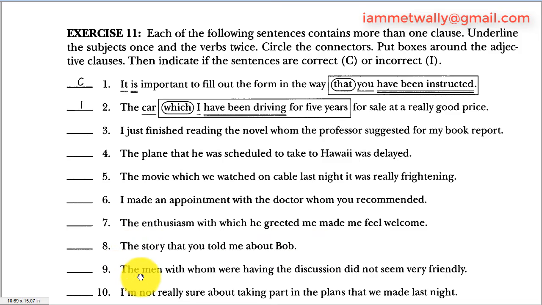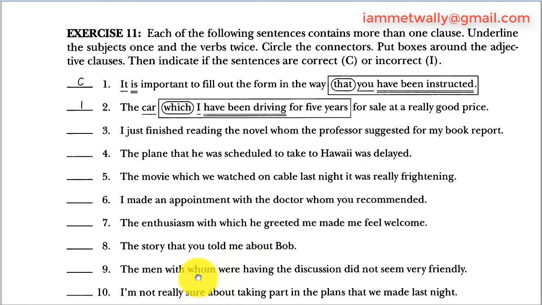9. The men with whom we're having discussion didn't seem very friendly. The men, subject, preposition, whom is the connector, we're having, this is the verb, but where is the subject of the verb we're having, because whom cannot be the subject, so this is missing a subject here. Didn't seem is the verb of the subject, the men.